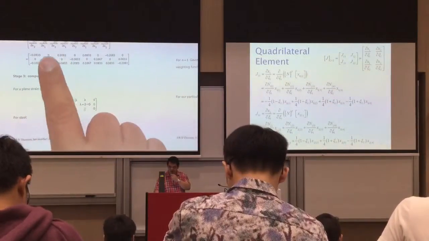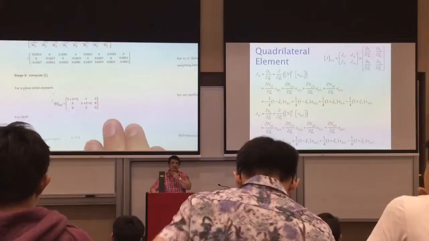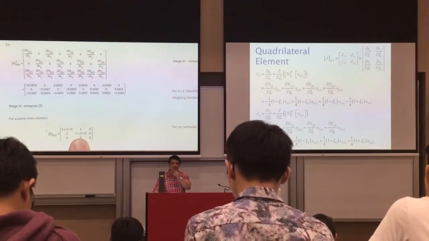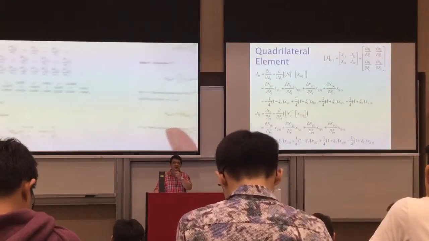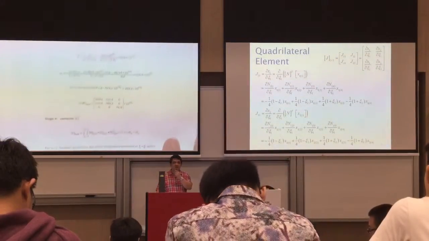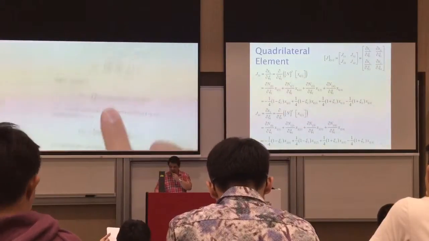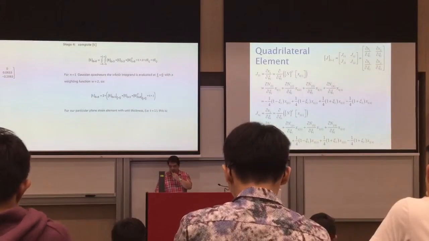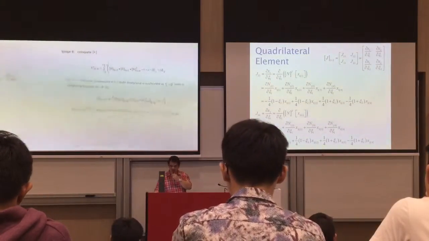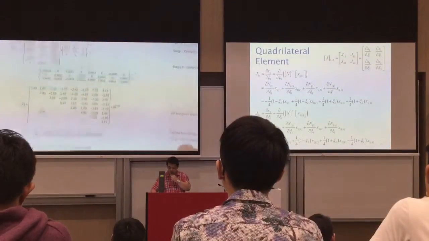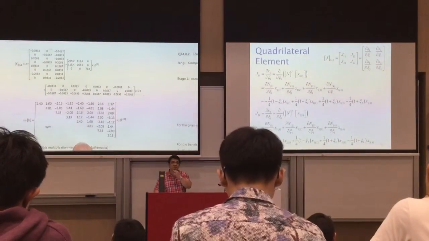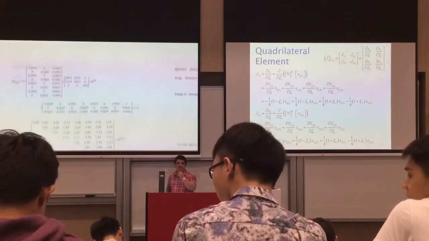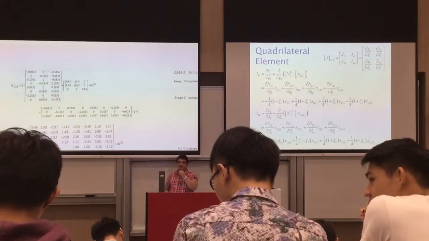This is now your strain displacement matrix. This is your plane strain element, so we use the plane strain assumption that this is E. After that, you can integrate numerically, which is this one here. This example presents the whole solution, and this is now your stiffness matrix.